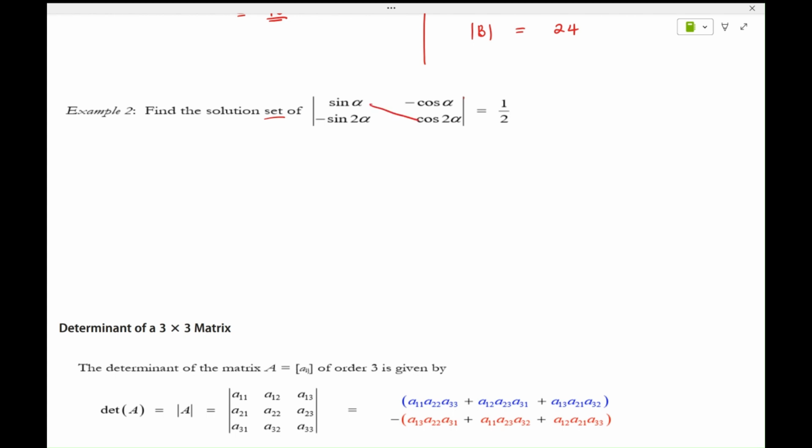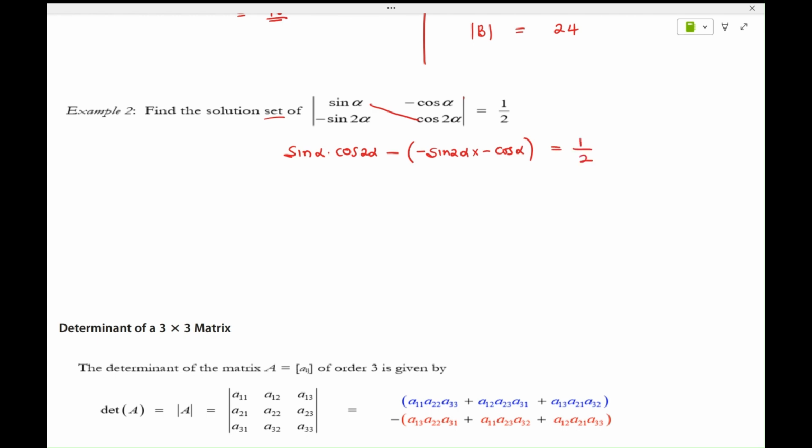We multiply this, so this will be sine alpha times cosine of 2 alpha minus, then you multiply this and this, so you will have minus sine 2 alpha times minus cosine of alpha, right? This is how to find the determinant, but this is going to be equal to half.